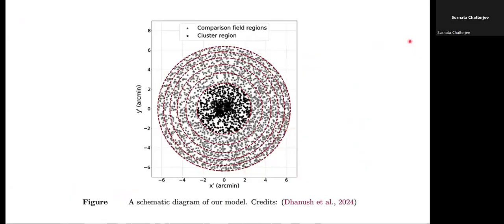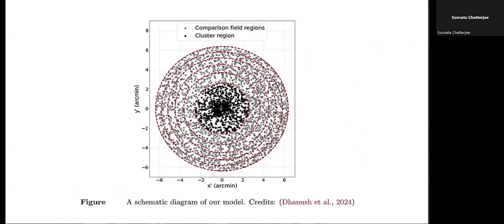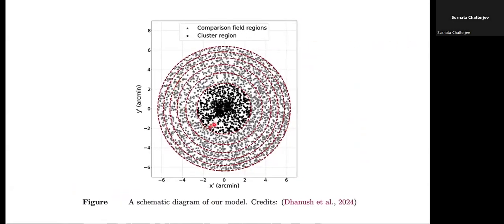So we look at this diagram carefully. First, we take a radius r which is equal to half of the angular size of the cluster as found in literature. We name this region as cluster candidate.